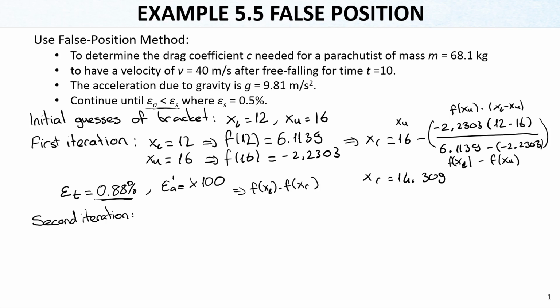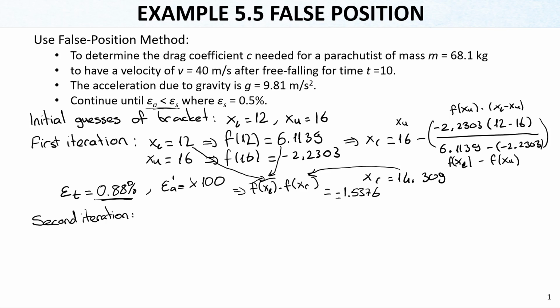We need to calculate the f(xr) value by writing it to the function, and the result is minus 1.5376. The result is not important. The important part is the negative sign.